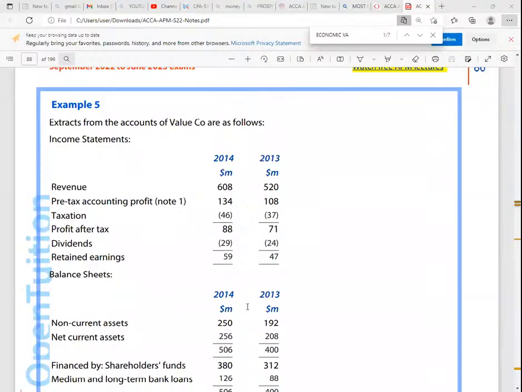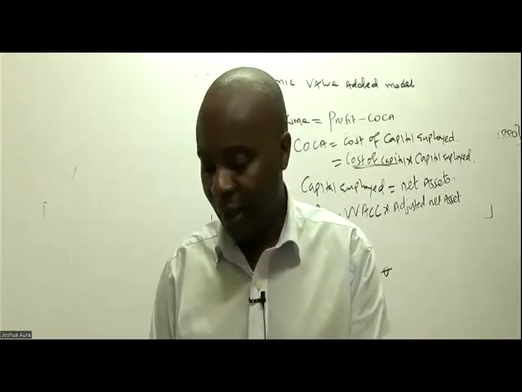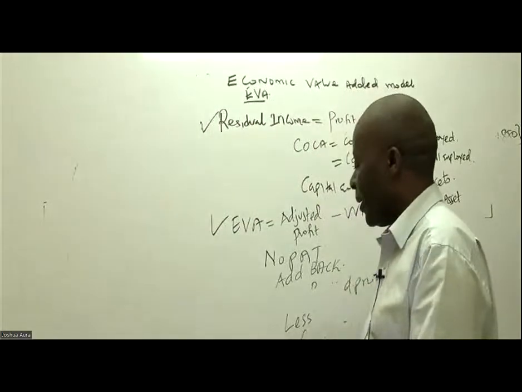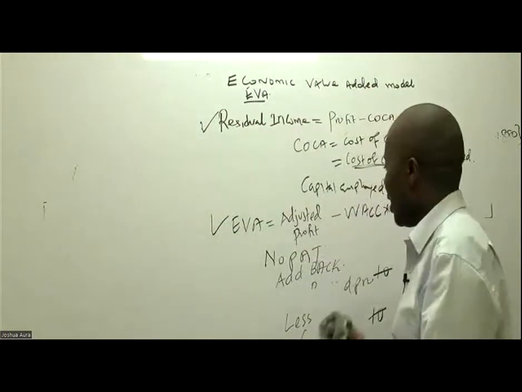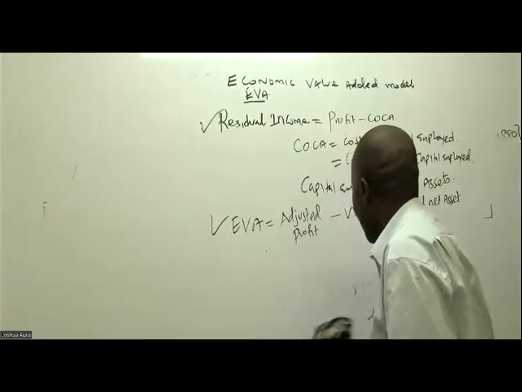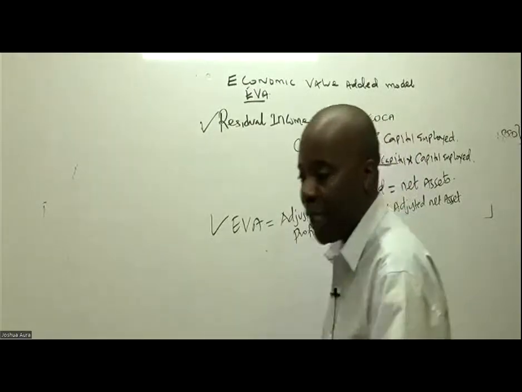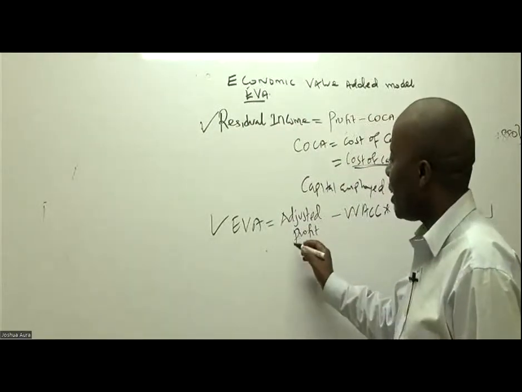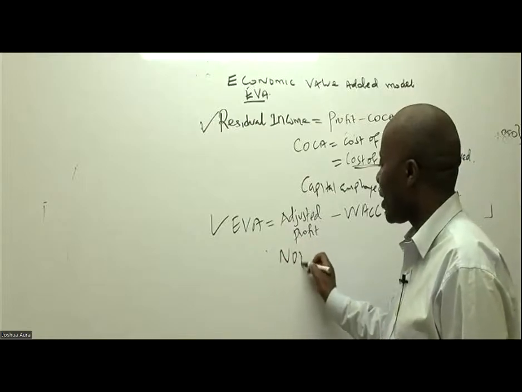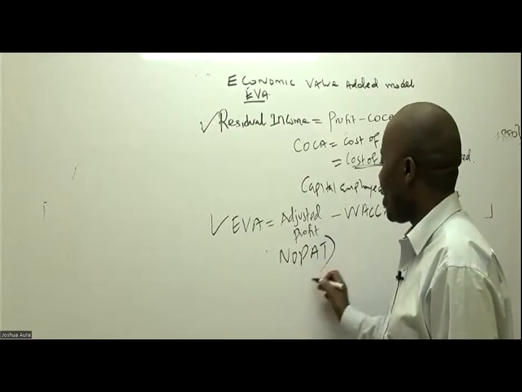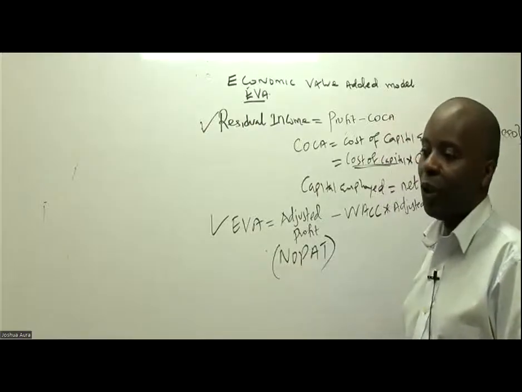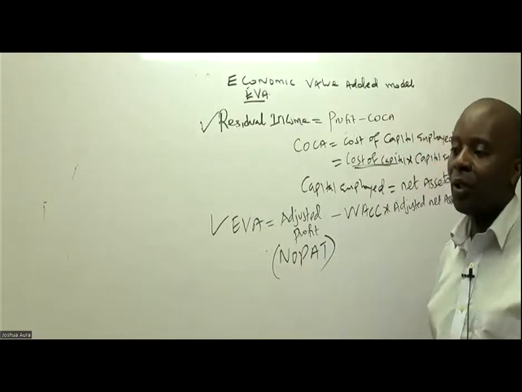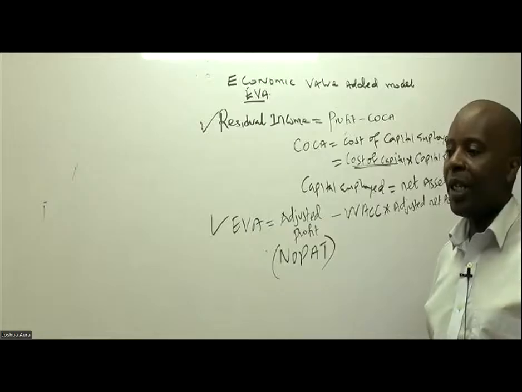And as I do that, I expect you guys to remember that our EVA here is based on adjusted profit, and this adjusted profit is what we give a very special term. It is what we call the NOPAT, net operating profit after tax.